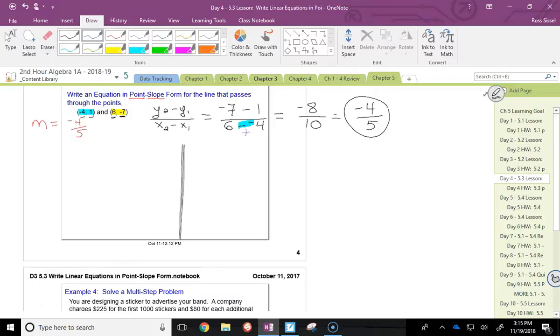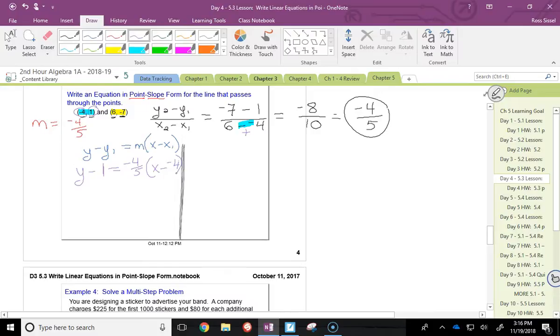Remember, our equation that we are solving is y minus y1 equals m parentheses x minus x1. I'm going to put this in. So I'd say y minus y1, oops, that would be x1. y1 is 1, equals my slope negative 4/5, x minus my x1, which is negative 4.